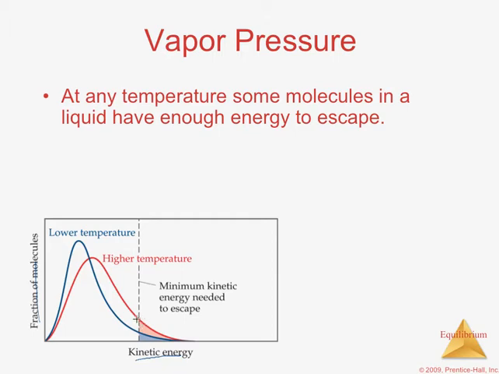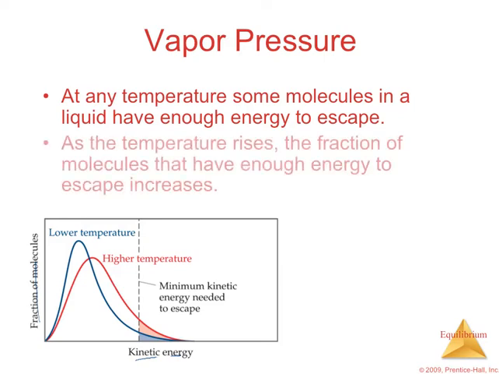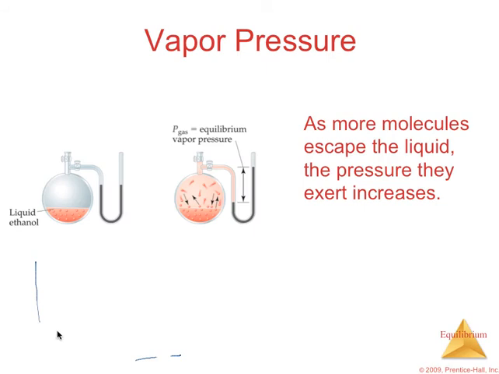And hopefully you can see, and are familiar with, the Maxwell-Boltzmann curve, that this red part here represents the greater number of molecules at a higher temperature that possess a kinetic energy greater than that minimum needed to escape into the vapor phase. So as the temperature rises, we get more and more molecules that have enough energy to escape. They have enough kinetic energy to overcome those intermolecular forces.